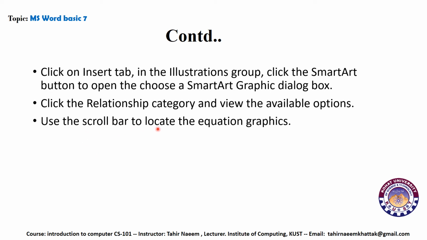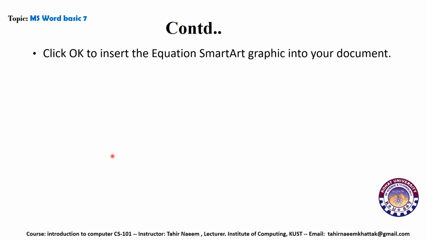We can use the scroll bar to go downwards to locate the Equation graphic. Click OK to insert the Equation SmartArt graphic. So here we have selected the Equation SmartArt graphic, and when we click the OK button, this diagram will be added to our document.